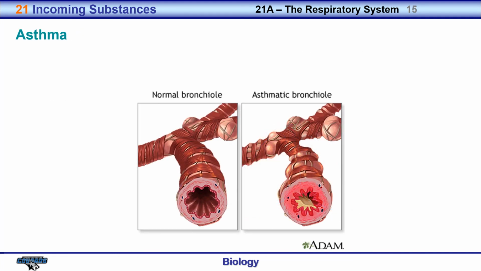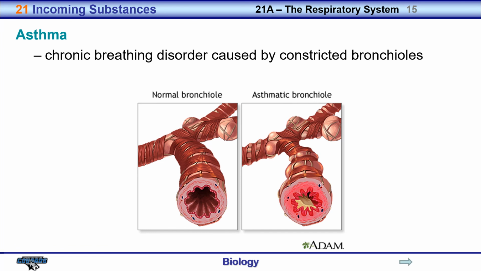Now, asthma is another disorder of the respiratory system, and it's a chronic breathing disorder. And what it does is it causes your bronchioles to become constricted. That means to become smaller, like it does over on the right side. And often people who have trouble with asthma will have an inhaler.